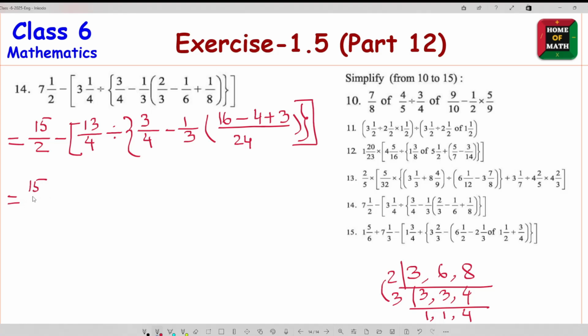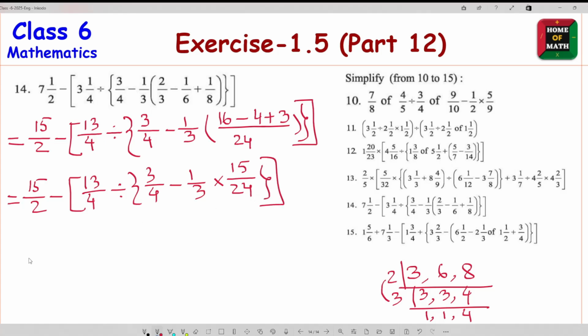So 15 by 2 minus 13 by 4 divide 3 by 4 minus 1 by 3, and look, once we finished first bracket, so it will be considered as a multiplication. So 16 plus 3 is a 19. 19 minus 4 is a 15. Divide 24. So first bracket done, second bracket close, third bracket close.